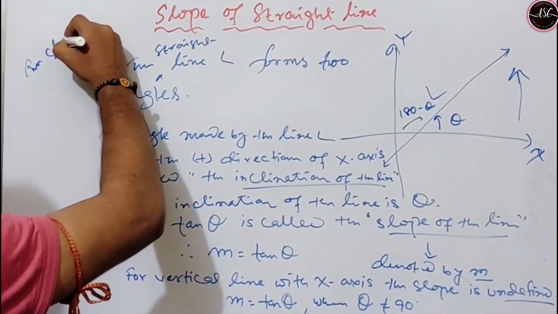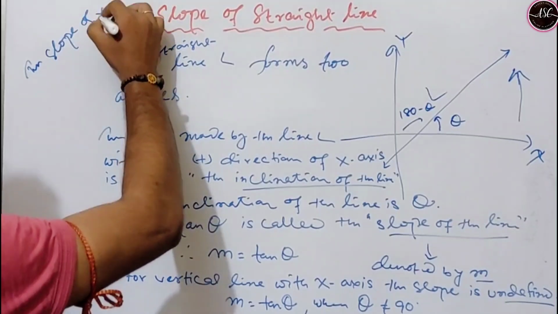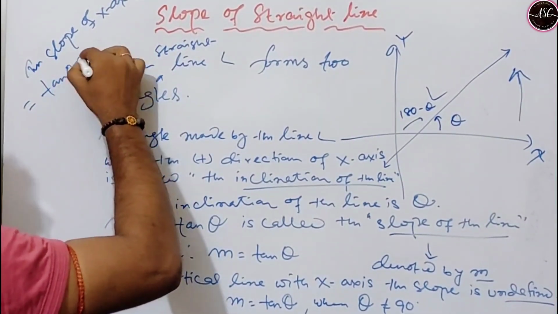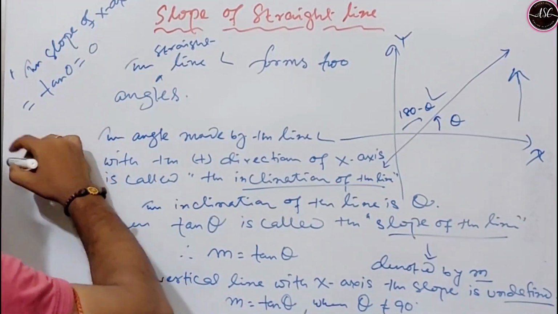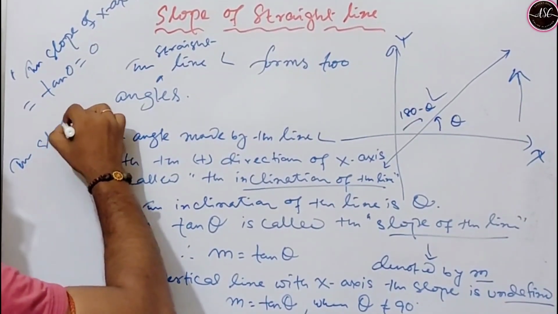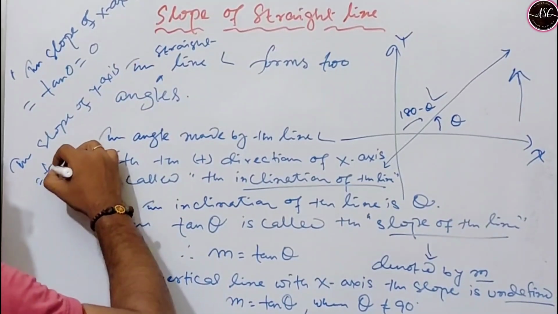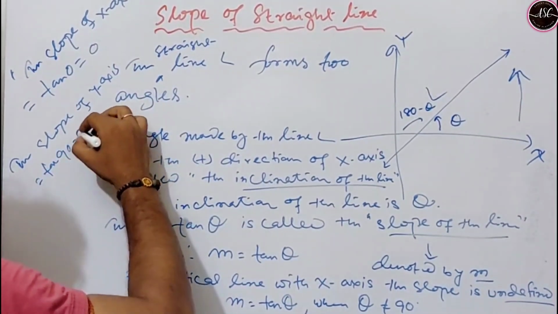The slope of x axis is equal to tan 0, equal to 0. And the slope of y axis is equal to tan 90, that means undefined.